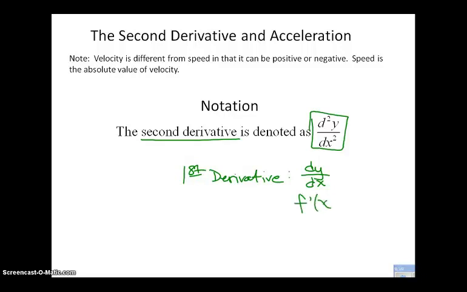In function notation or prime notation, one little apostrophe was the first derivative. In function notation, two little apostrophes are going to denote the second derivative. And again, you need to know both of these notations, function and Leibniz, because you're going to see them both.